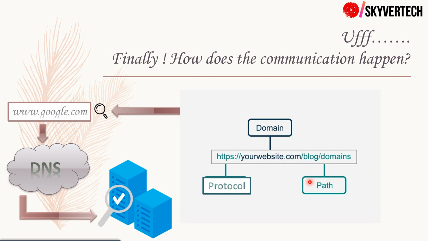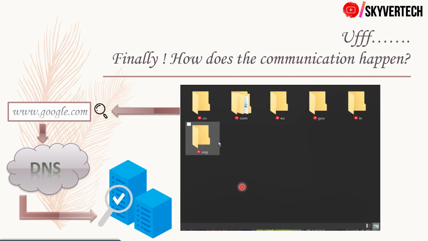What does this actually refer to? Let me show you exactly. Let me just copy this path and suppose these are the files stored in the database of the server. First it searches for .com, that is the extension of your website. Then it opens the .com folder.